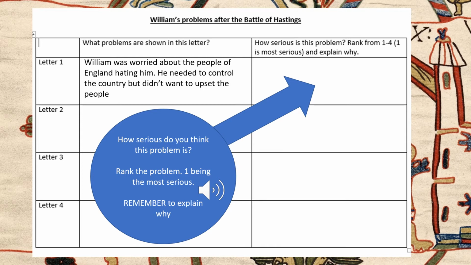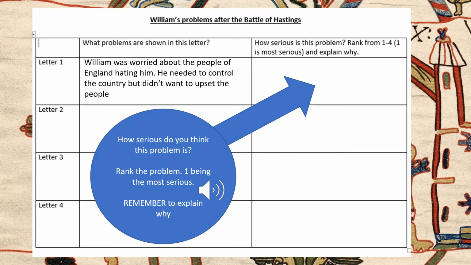Now that we have identified what the problem is, we need to fill out our table. You will see here on the table I have filled in, under letter 1, that William was worried about the people of England hating him. He needed to control the country but didn't want to upset people. Please fill this in for letter 1, what problems are shown in this letter.